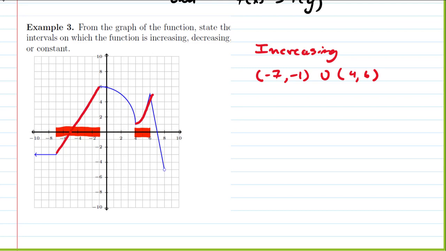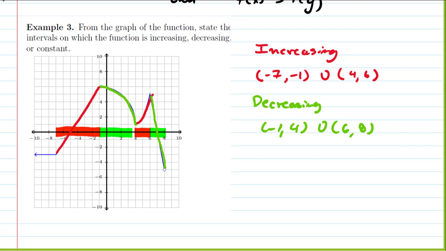We do something similar with decreasing, which is where our graph is going down as we move from left to right. So that's here and here. We're going to have our decreasing, and that's from -1 to 4, or from 6 to 8.